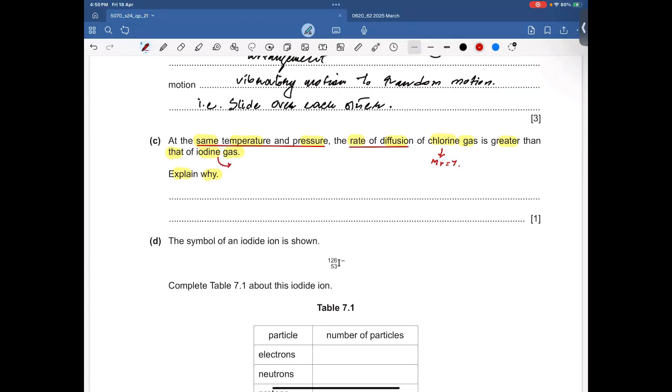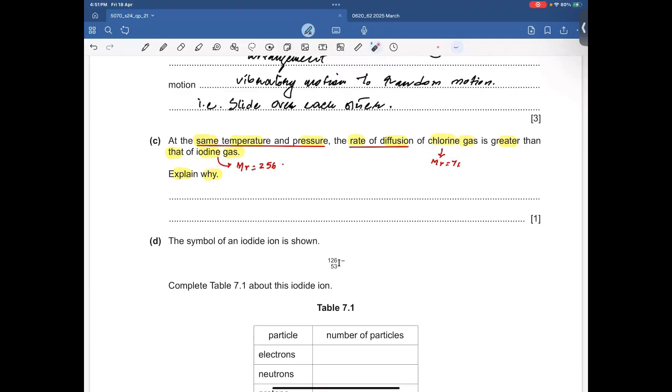The molecular mass of iodine is, I think, 128 into 2, 256. So obviously chlorine has a smaller relative molecular mass, which is why it has a higher rate of diffusion. So molecules of chlorine will move faster from a region of higher concentration to a region of lower concentration.